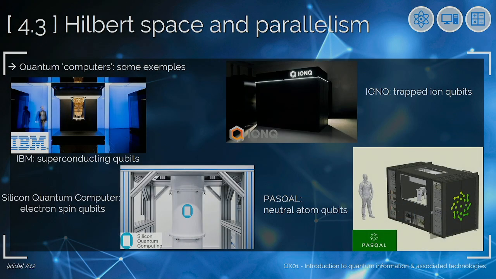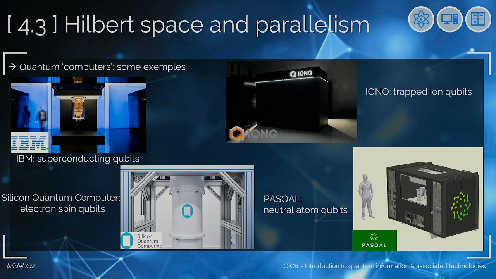So I covered here some examples of physical systems. Just a few examples. We'll come back to that. Those are companies and the technologies that they use. We will see some of the technologies at a later stage. In particular, these two: the superconducting qubits, using superconducting circuits.